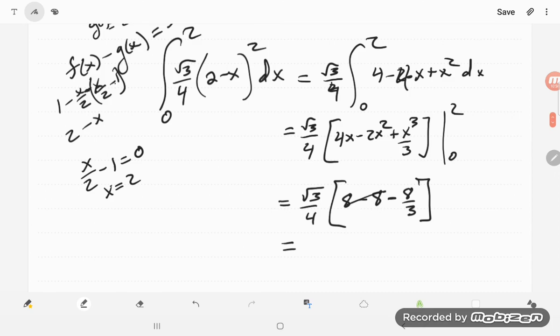And so those disappear. 8 over 4 is 2. And so I get 2 times the square root of 3 over 3 when I multiply all that together. And there we go. That is our volume.